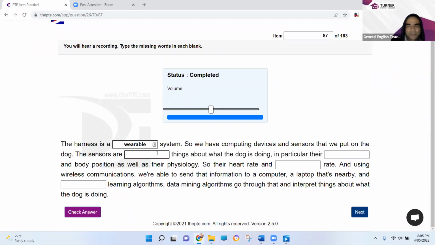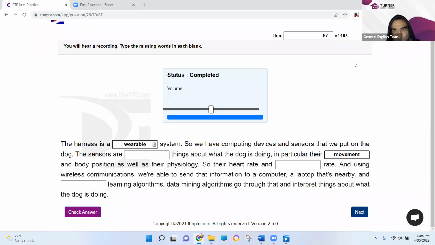Number 2. Sorry, I missed it because he wasn't talking. It's all right. The third one is movement, so tab. Was it plural? Movement? No, movement. Okay.